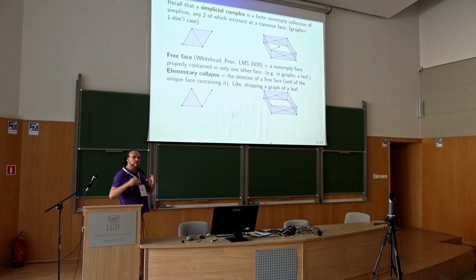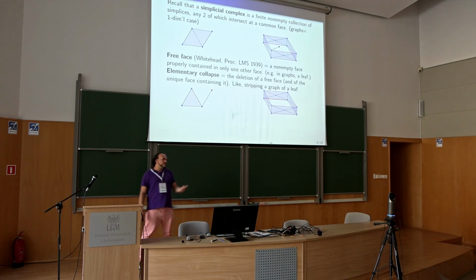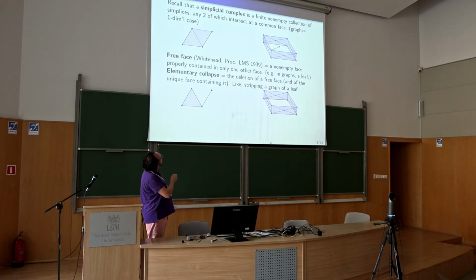Purity means all inclusion-maximal faces, called facets, have the same dimension. So it's not pure because this edge here is a facet that has dimension 1, and the other facets are triangles. So purity is not preserved, non-purity is not preserved. The homeomorphism type is also not preserved because you can see that this complex, topologically, can be disconnected by killing this vertex, whereas this can't be disconnected by killing any point, so these two are not homeomorphic.